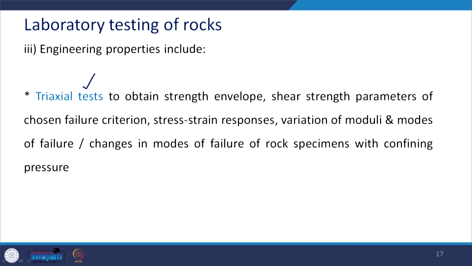Then we have another type of shear tests, which are triaxial tests, which help us to obtain the strength envelope, the shear strength parameters of the chosen failure criterion, the stress strain response, how the modulus is varying, and the change in the modes of failure when we increase the confining pressure.